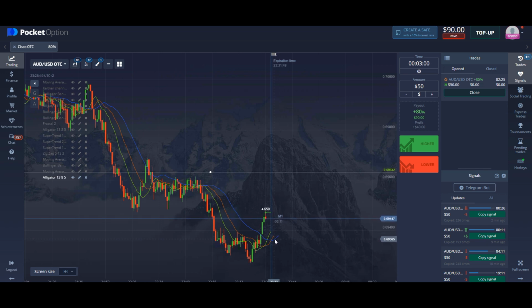And when it crosses over and it starts going up or down, you can put a position in for 2 or 3 minutes. I used to trade at 5 minutes when I was learning this because I was so nervous and the market would just be like doo-doo-doo.